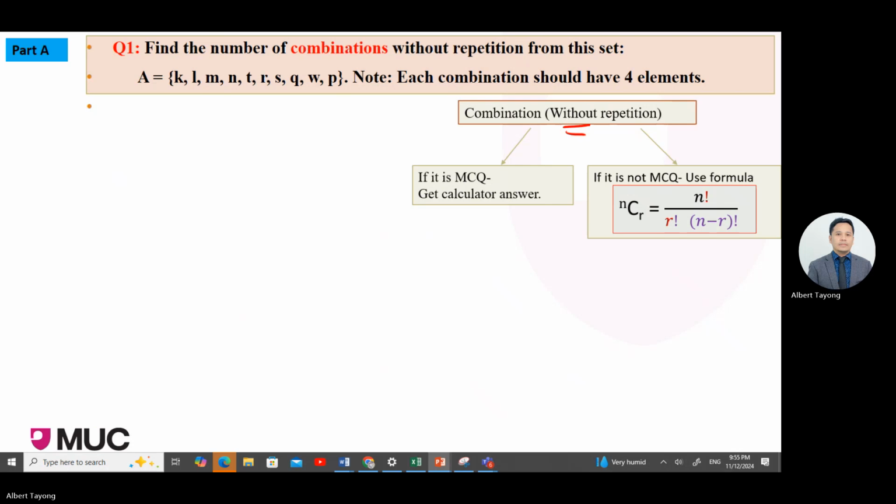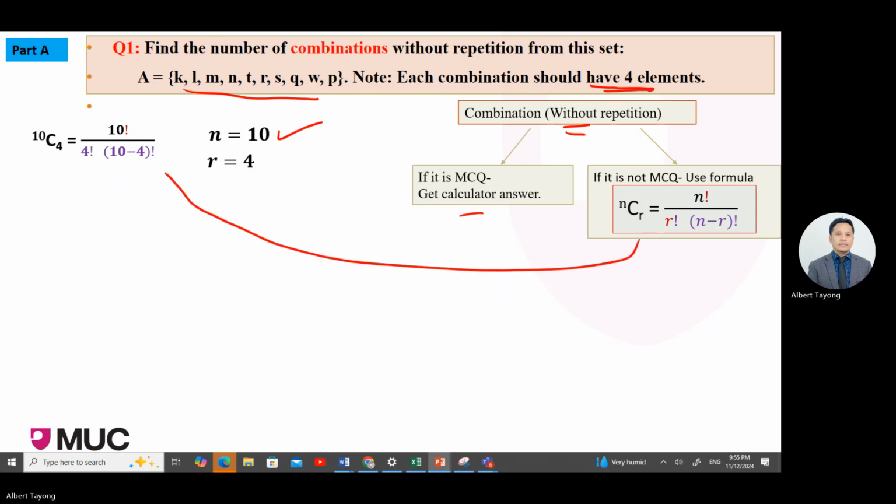Okay, so you can use your calculator to get the answer. So our n is equal to 10 because the total number of elements is 10, and r is equal to 4, because we are going to have every combination having 4 elements. So using the formula, we replace our n with 10 and our r with 4, because we're going to choose 4 every time.